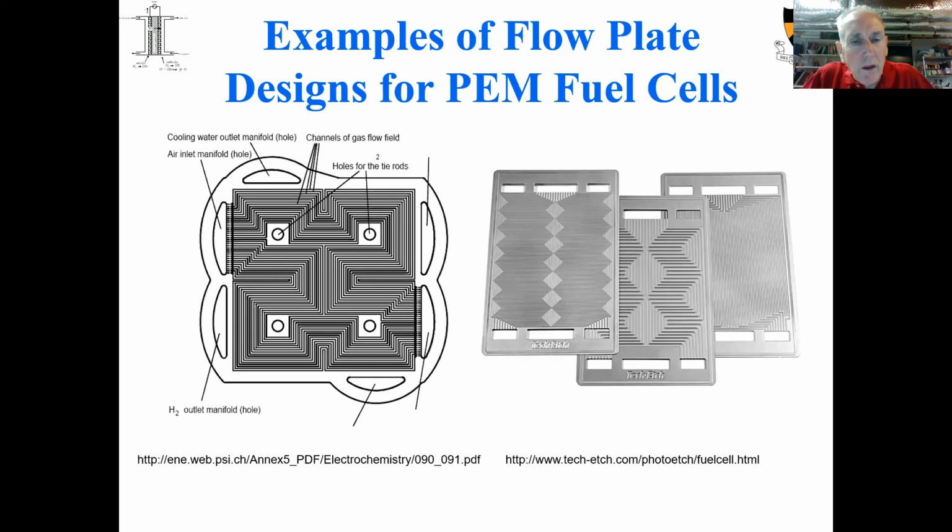A lot of effort has gone into trying to find optimal flow patterns in these serpentine plates. And I just show a few of these types of designs in this figure.